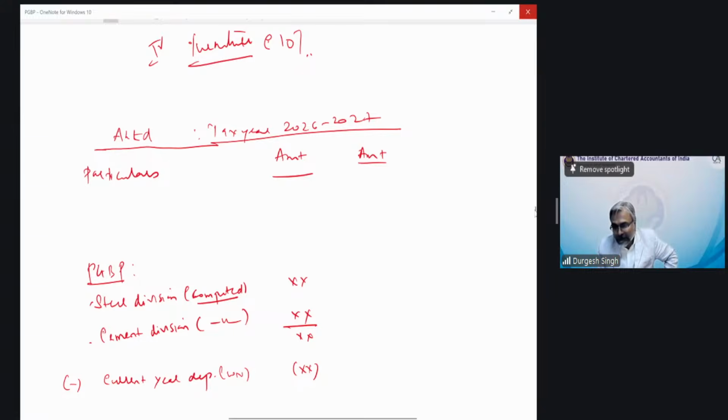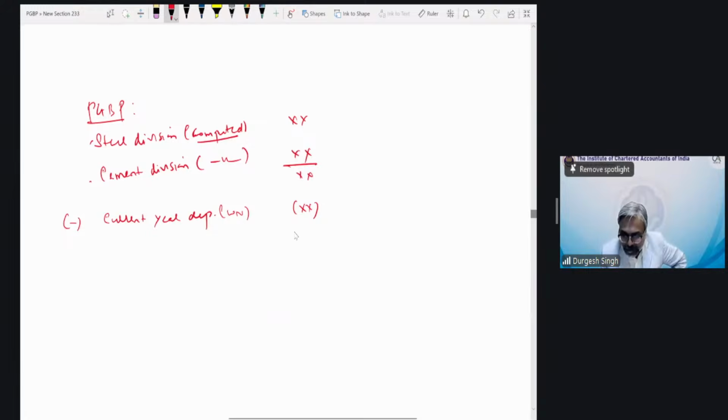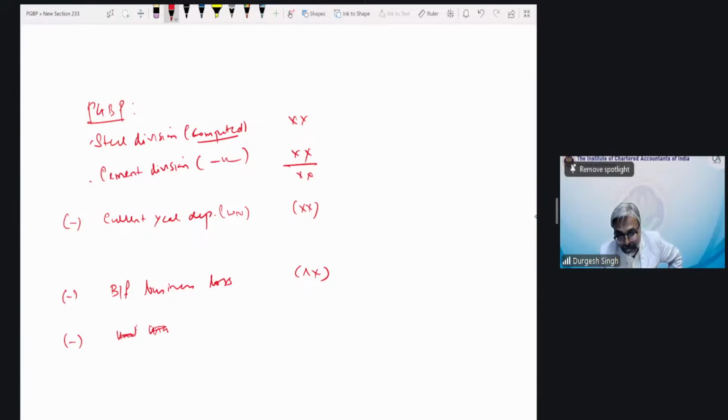And after that, students, you will also get the brought forward business loss. Don't forget, this is the hierarchy. And finally you will have the unabsorbed depreciation after brought forward business loss, UAD.